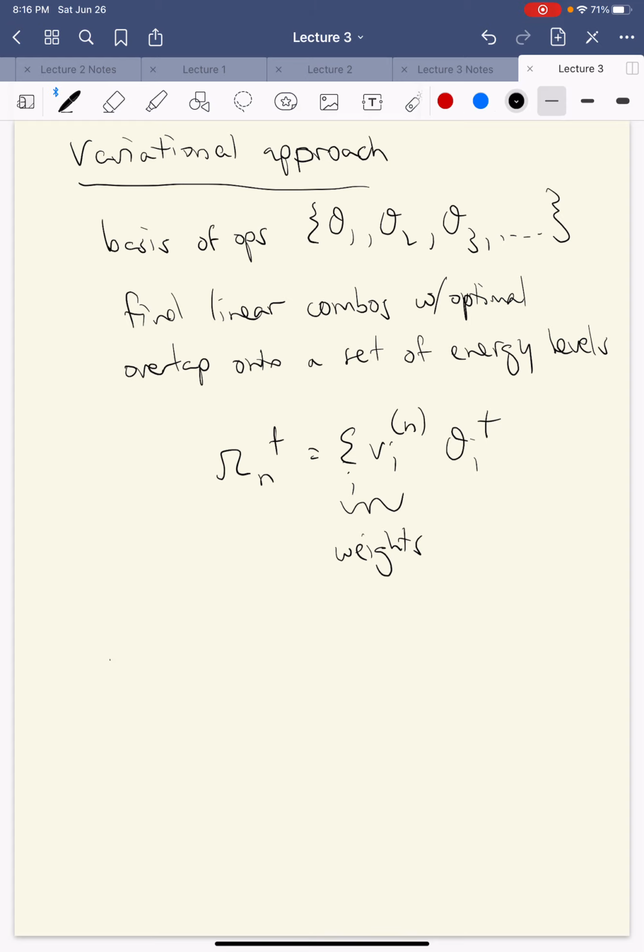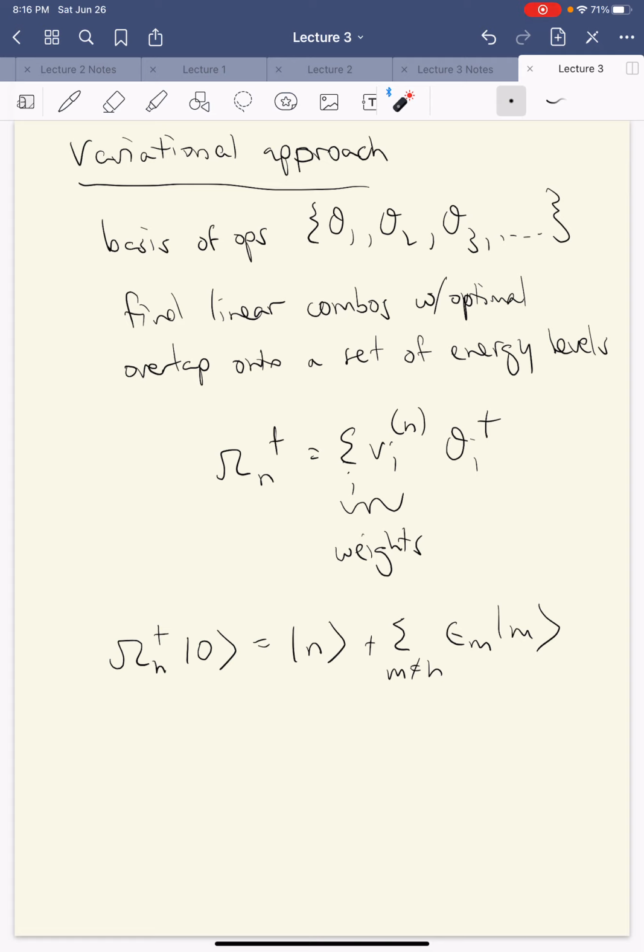Okay, so writing down what I just said, I want to think about this as a variational principle. So I want to maximize or minimize something. So what is it that I want to do? I want my operator, my linear combination of operators, when acting on the vacuum, to give me the eigenstate n that I'm interested in, plus some extra bit.